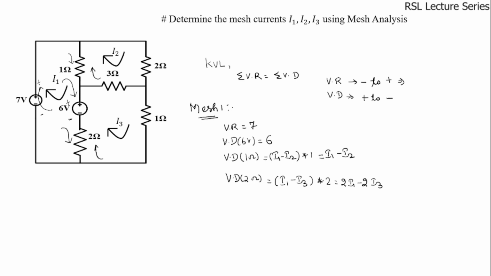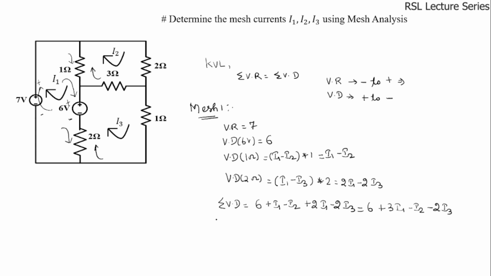So we have these three voltage drops and one voltage rise. Now we add all the voltage drops. The sum of the voltage drops is equal to 6 plus I1 minus I2 plus 2I1 minus 2I3. On simplification, we get 6 plus 3I1 minus I2 minus 2I3.